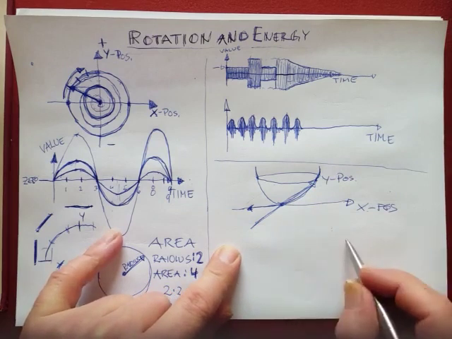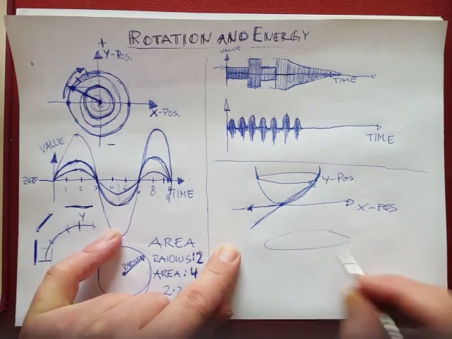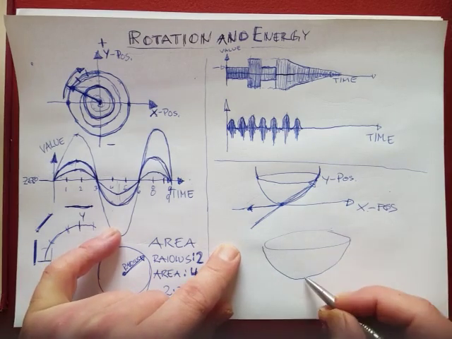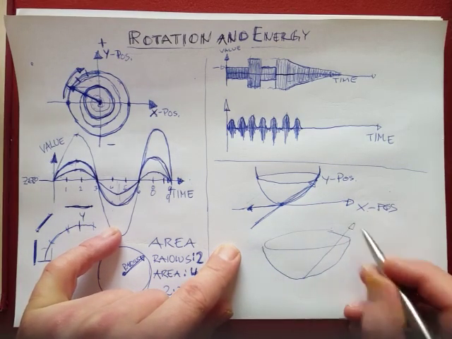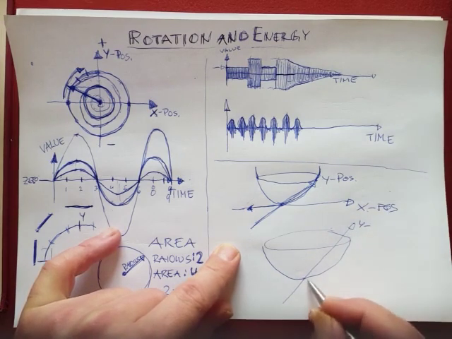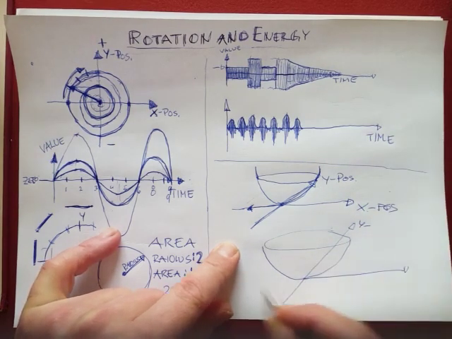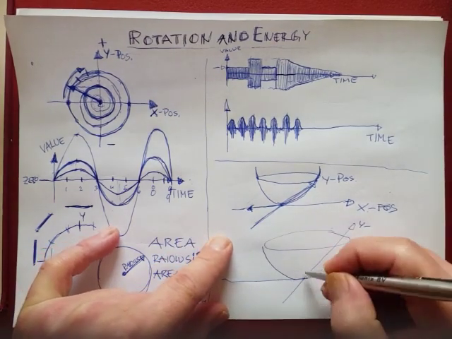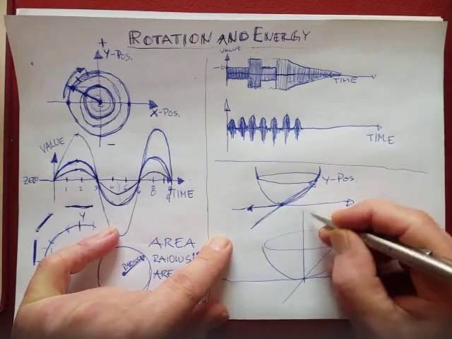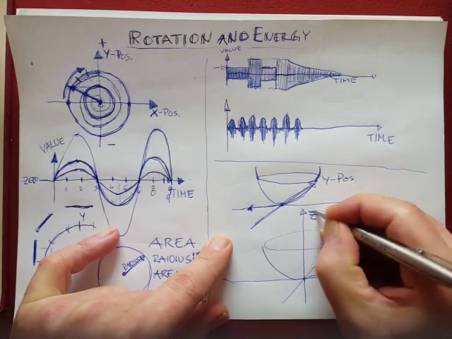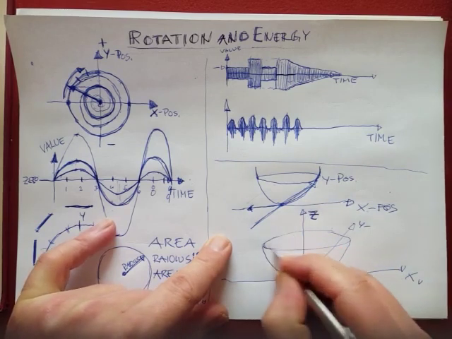I don't think it looks good here, but actually what I'm having here is a bowl, and that's the y, and then we have the x-axis here, and then we have a z-axis, the z-axis.